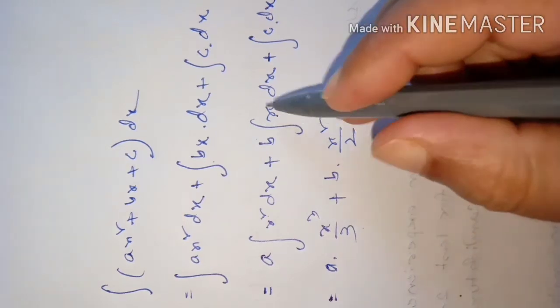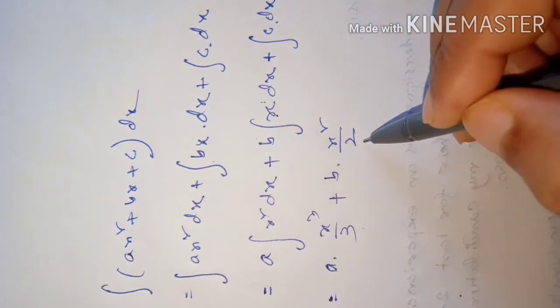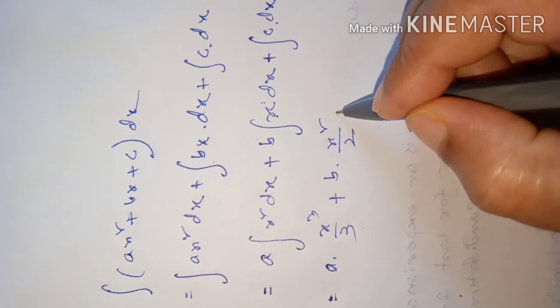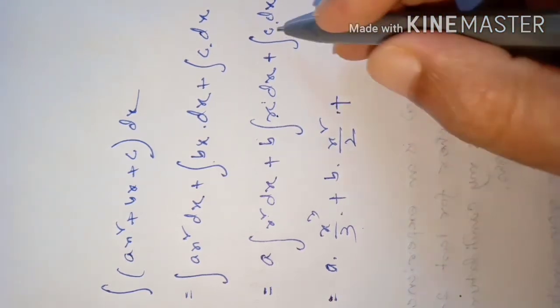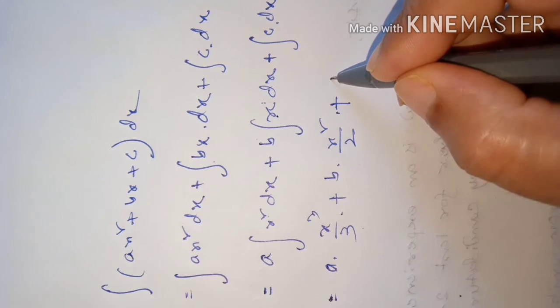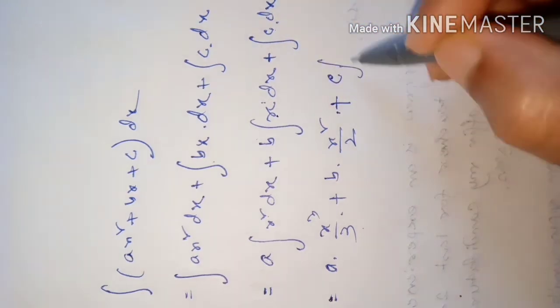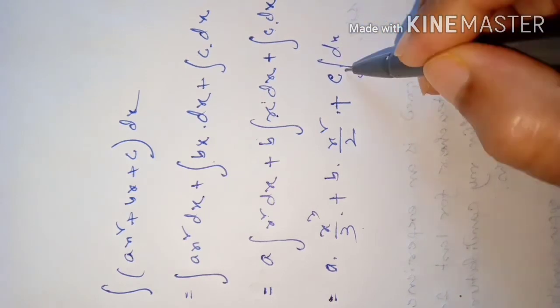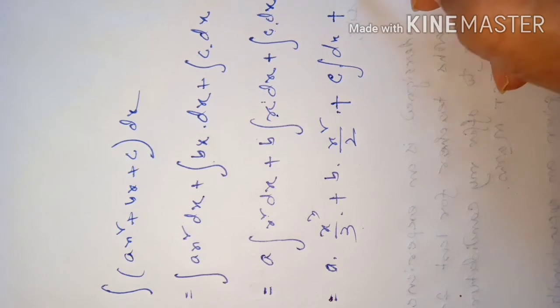So x, its power 1 becomes 2, and then there will be a constant. Then integration of constant c is c into integration of 1 dx, because c is a constant, you keep it aside. Plus you write a constant, so c1 plus c2.